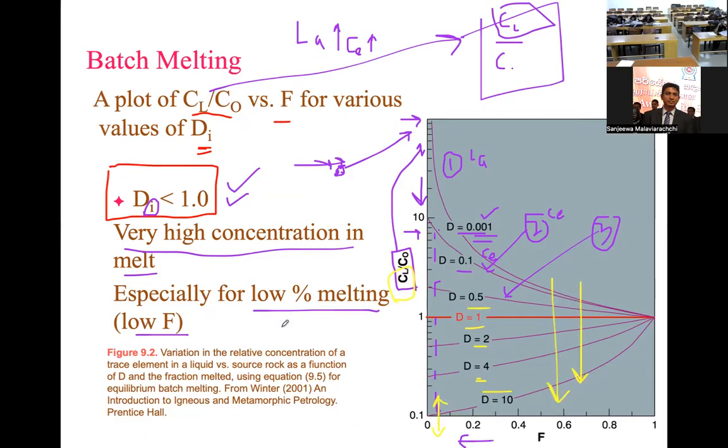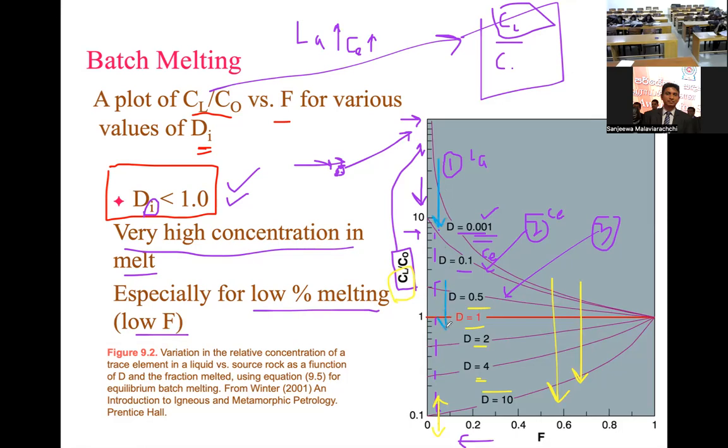So you are increasing the amount of element going into the solid, which means the amount of that element going into the liquid should decrease. That's why you are getting a gradually decreasing melt composition, like this.